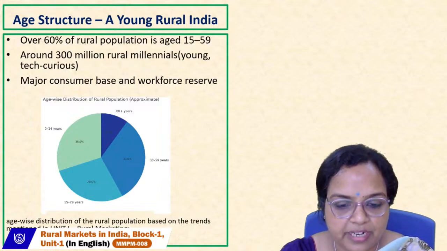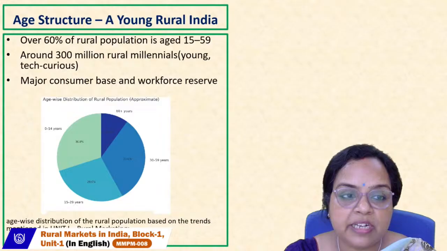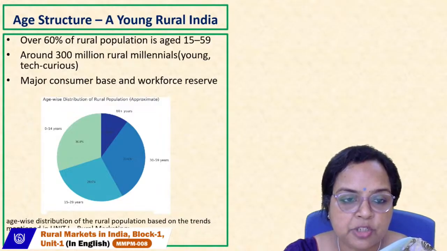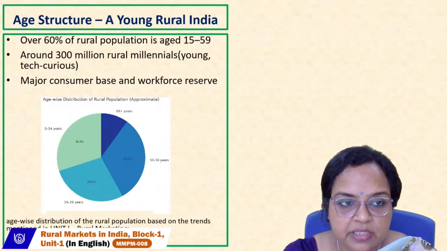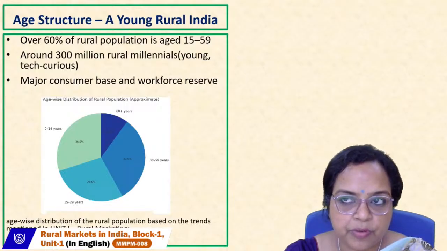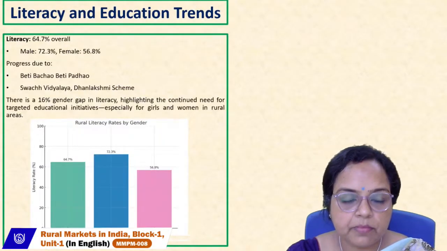They are more tech savvy, they are looking for new products, they are searching for feedback, so they are naturally tech curious. The major consumer base and workforce reserves are from this millennial category. So, as we discussed, 60% are in the age of 15 to 59. So we will consider the rural belt as young rural India.